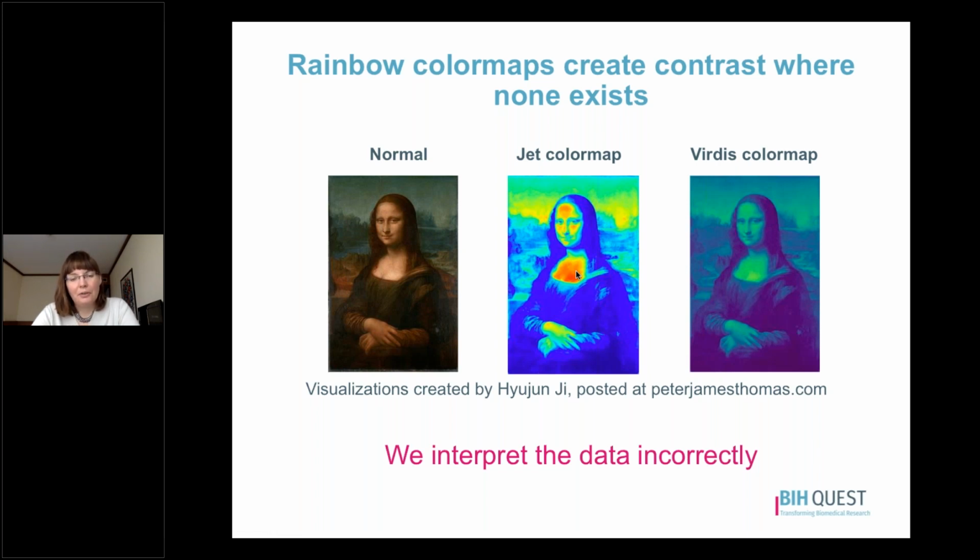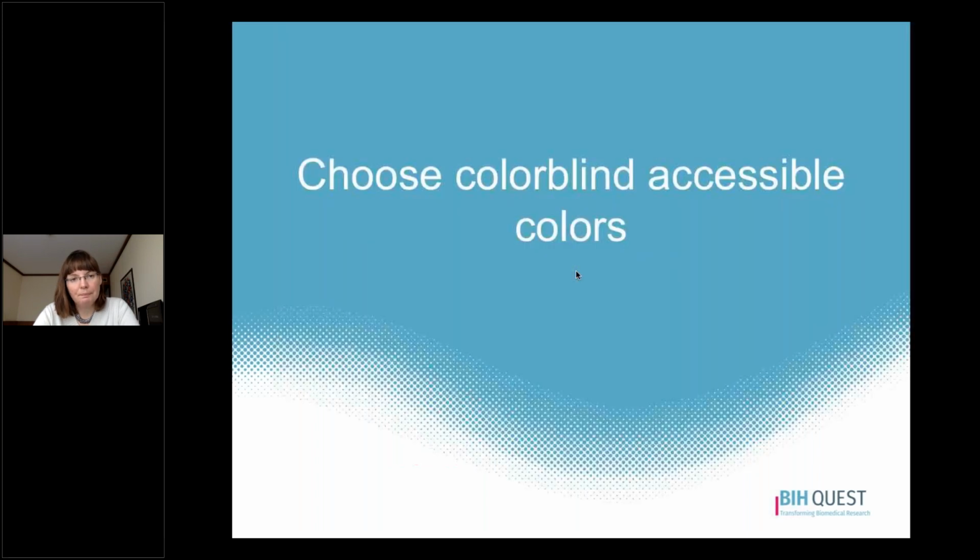And these are creating visual artifacts by amplifying contrast and making it appear much larger than it actually is. And the result of that is that we interpret the data incorrectly. So if you are using rainbow color maps, convert your figures over to a colorblind safe and perceptually uniform alternative.